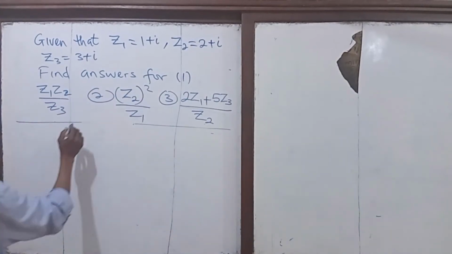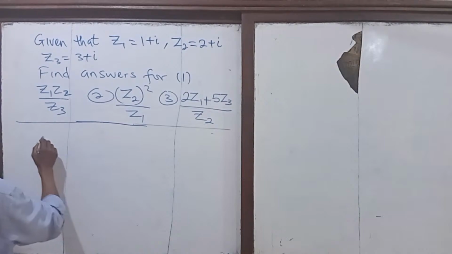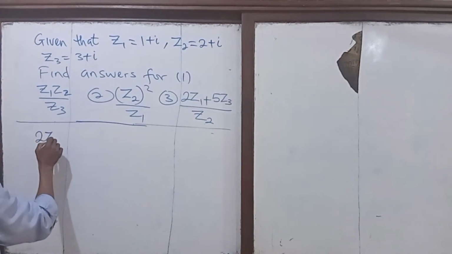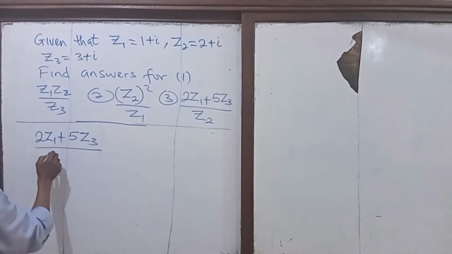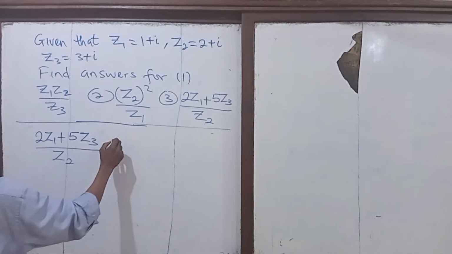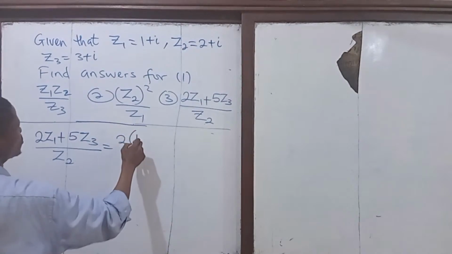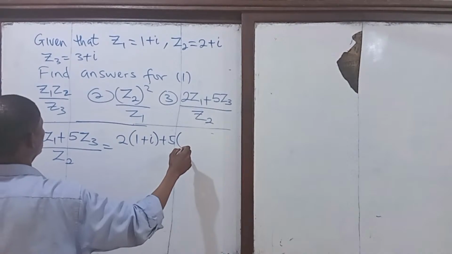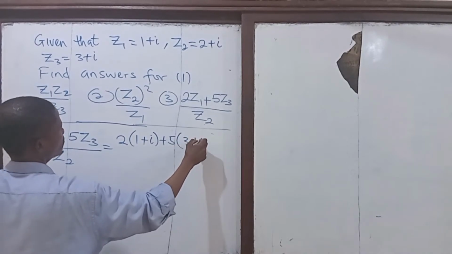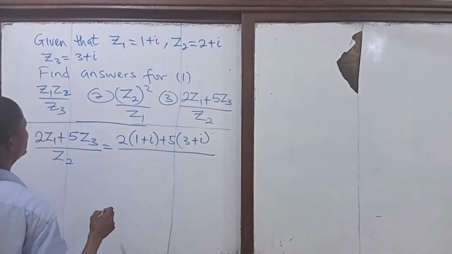So for the third one, that will be 2z1 plus 5z3 over z2. That will be 2 times z1 plus 5 times z3 over z2.